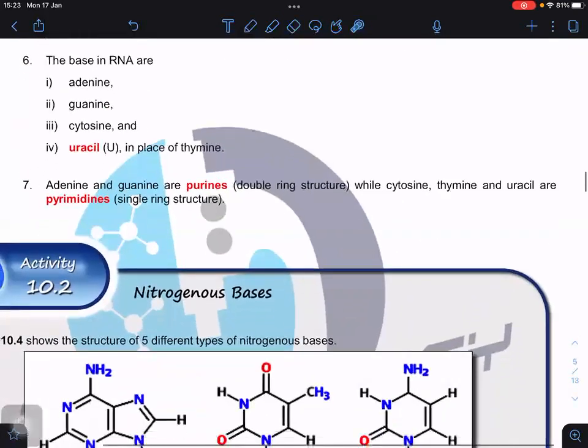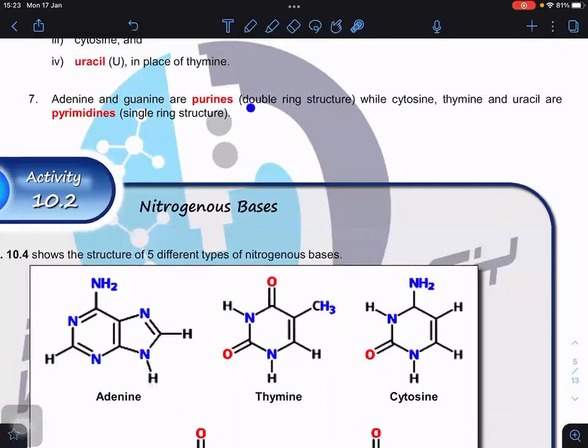Adenine and guanine are purines, basically a double ring structure. Cytosine, thymine, and uracil are pyrimidines, a single ring structure. This is the way I normally use to remember, as it is difficult for some students. CUT: pyrimidines are cut, therefore only one ring.